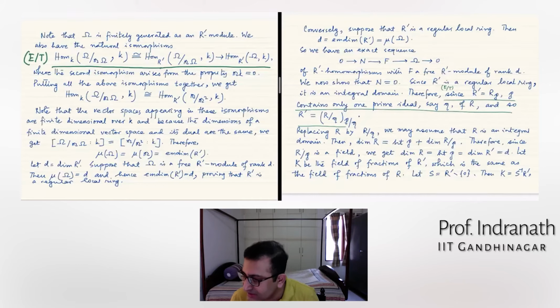Where is domain being used here? We are saying since this is regular local, this is an integral domain, and here you have an affine algebra localized at a maximal ideal. So we are saying that P contains only one prime ideal, say Q, and therefore your R dash has to be this. So where is domain being used here?